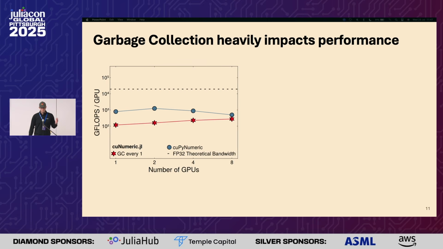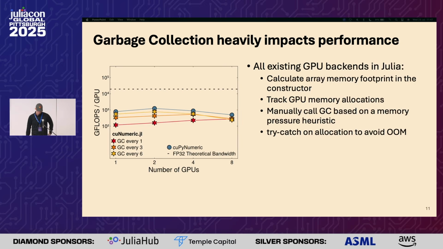So this claim that garbage collection heavily impacts performance, you could see by this graph: we're trying to force the garbage collection, and we're doing a fixed interval iteration count within our application. So we will iterate through 1, 3, and 6 iterations, and you can see here, as we decrease the frequency, we get better and better performance that converges to cuPyNumeric, which we're treating as our baseline.